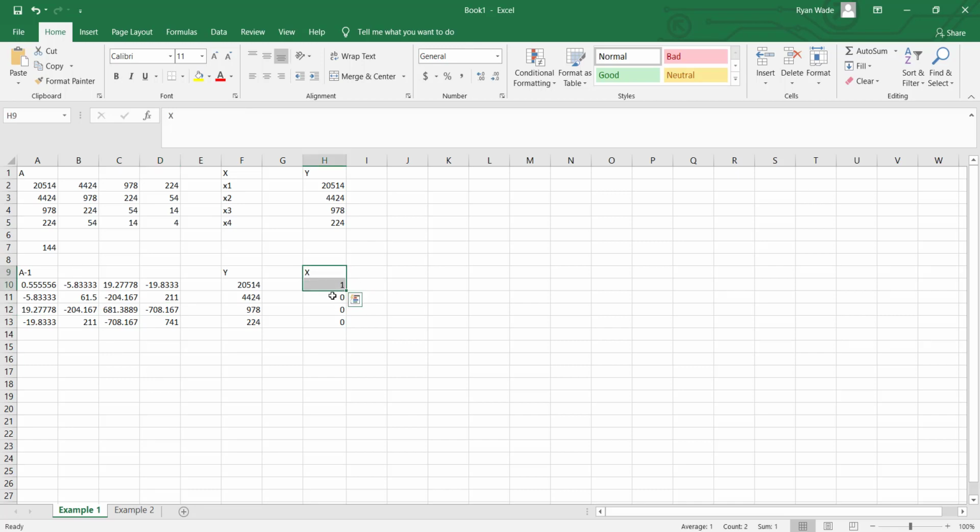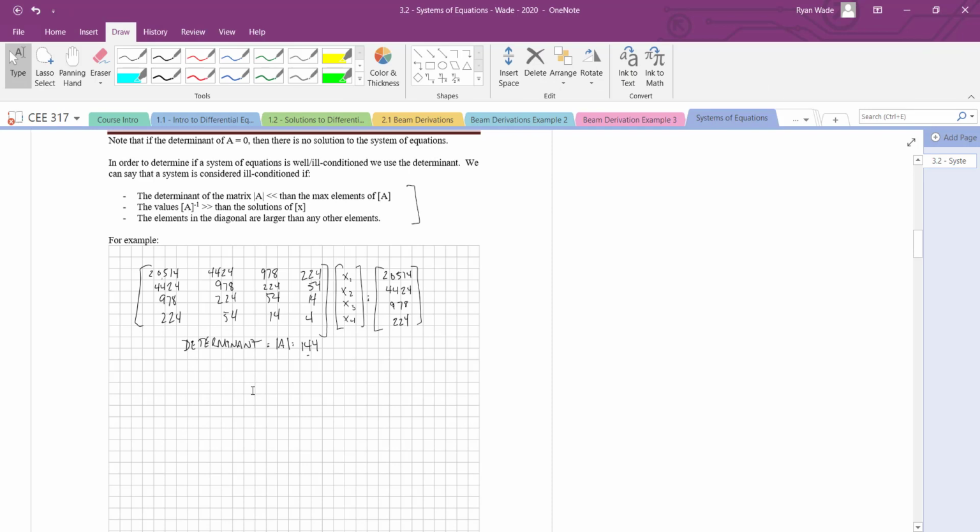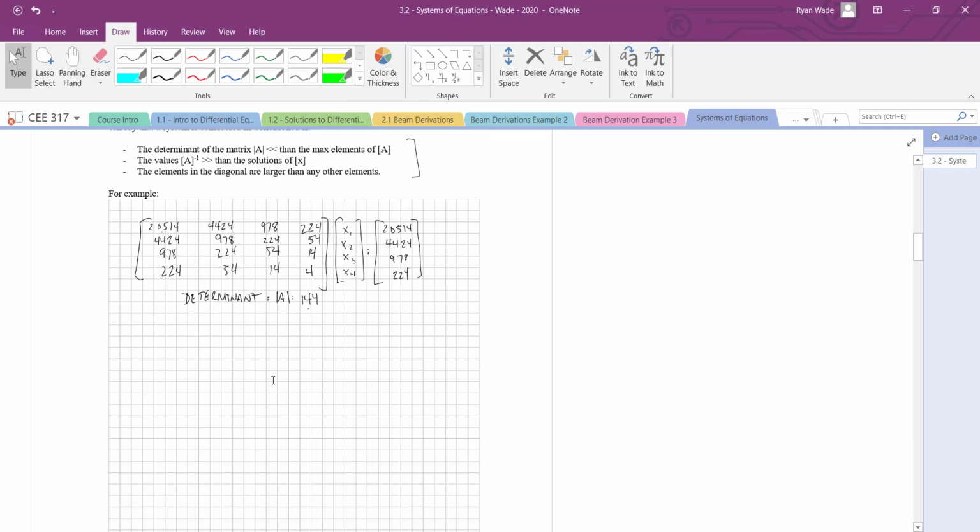So 1 and 0 are significantly less than those numbers. Therefore, we really do have an ill-conditioned system. So what we got is x1, x2, x3, x4 is, in this case, equal to 1, 0, 0, 0.